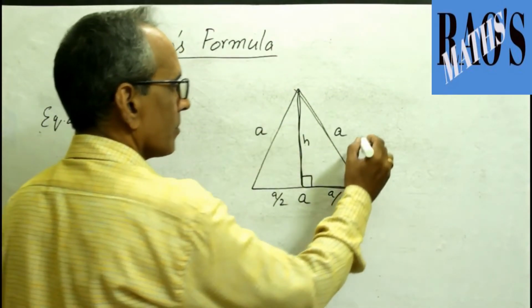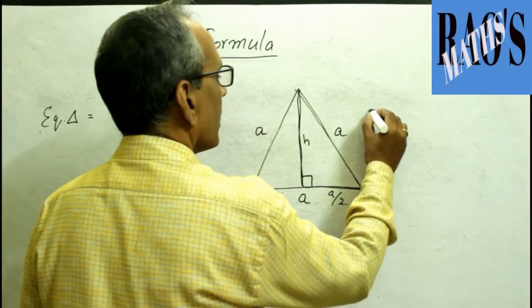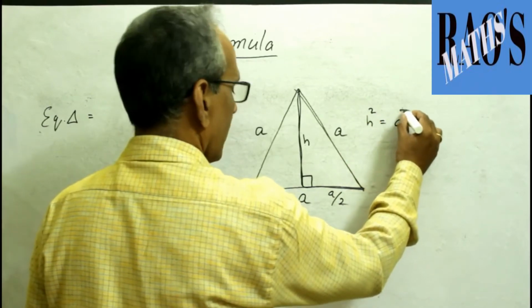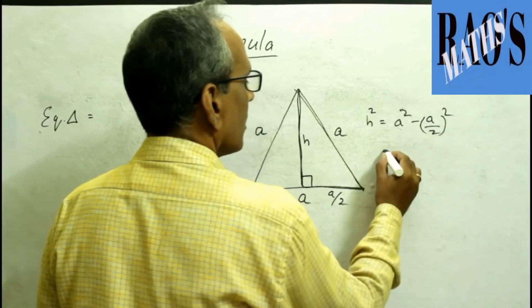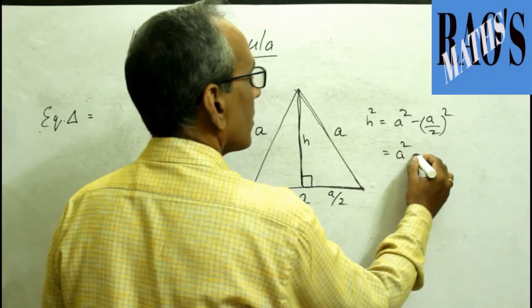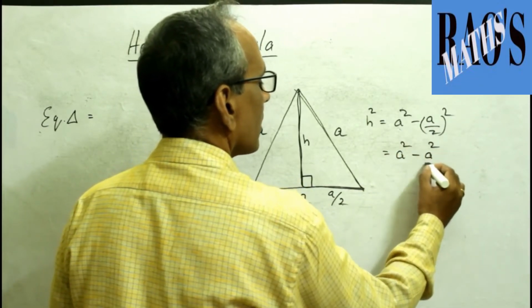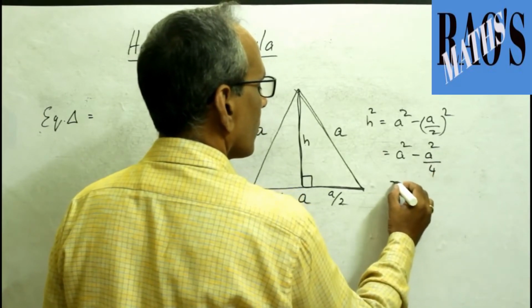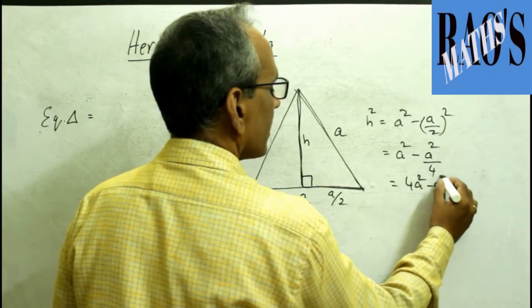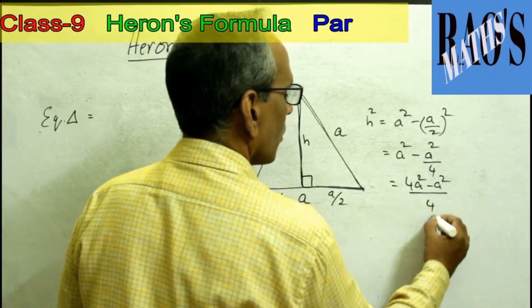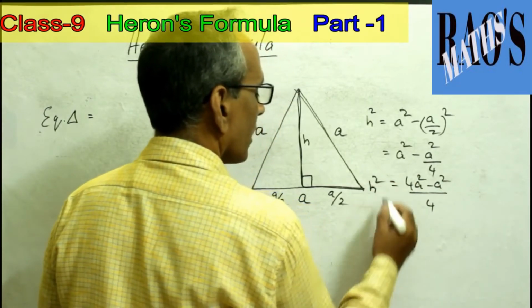So in this, h square is equal to a square minus a by 2 whole square, which is a square minus a square by 4. In turn, I get 4a square minus a square by 4, which is h square.